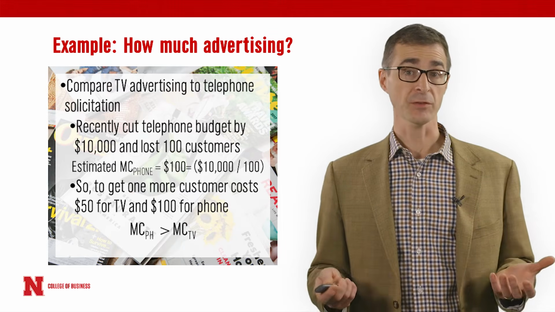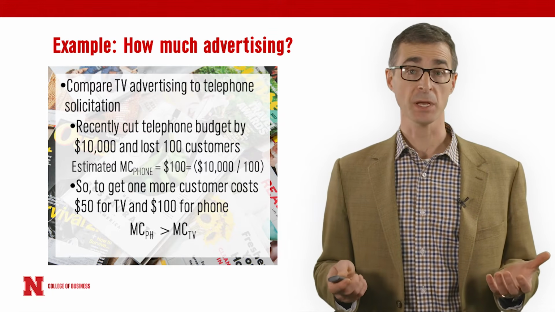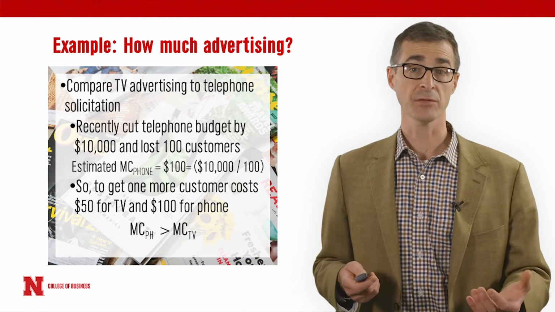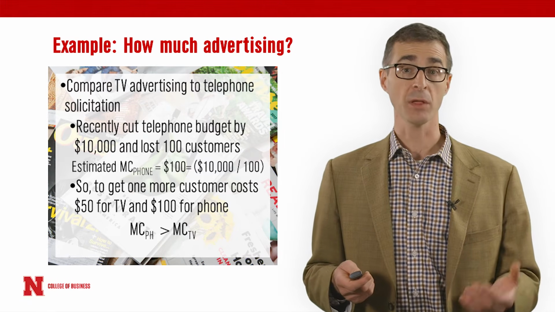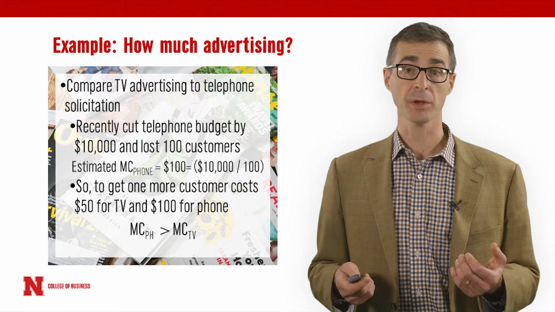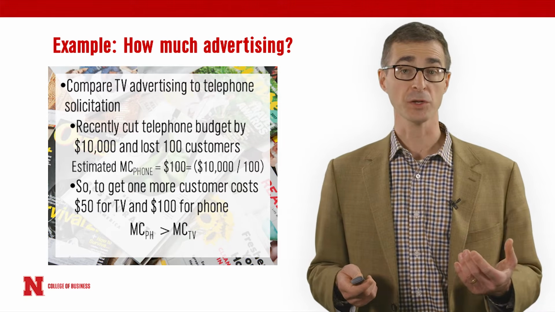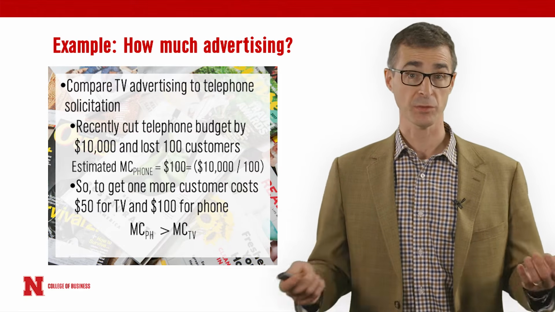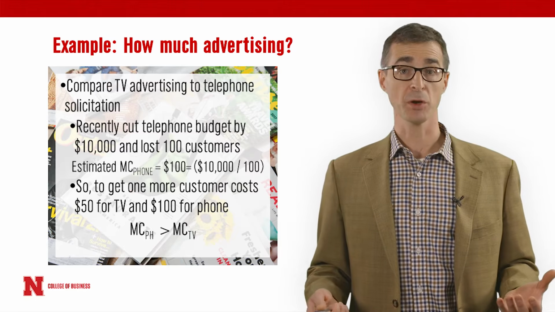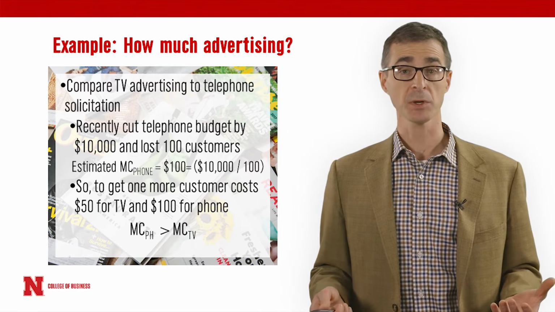That suggests that the marginal cost of obtaining a customer by advertising via telephone is about $100, the 10,000 divided by 100. Now compare this with the marginal cost of obtaining customers, say, through television, which we saw a moment ago to be about $50 per customer.